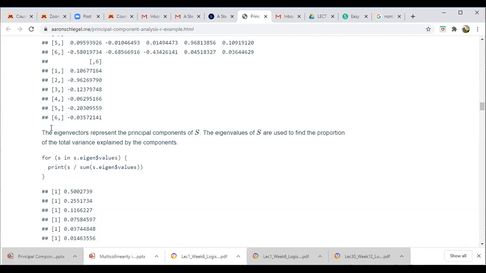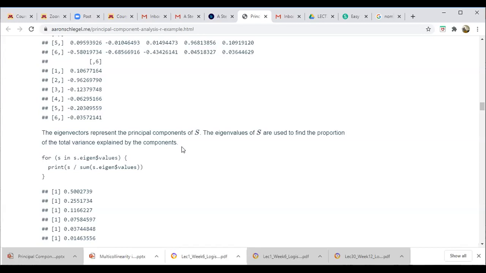The eigenvalues of X are used to find the proportion of the total variance explained by the component. You remember the other time when I showed you a formula, if I want to measure the contribution of a particular principal component, it's going to be the eigenvalue divided by the sum of the eigenvalues.